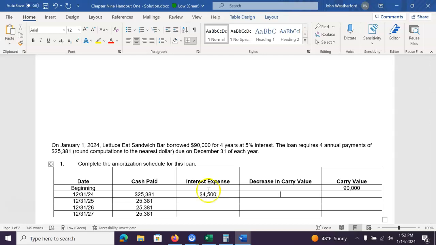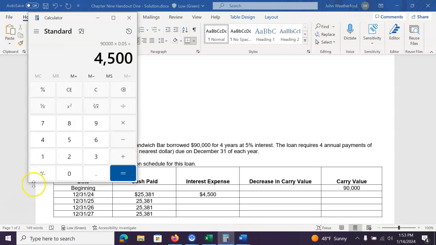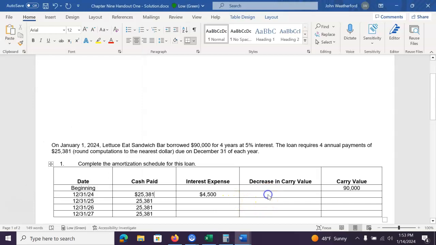And then the decrease in the carrying value, or what I would call the principal portion of this payment, will be the difference in the payment and the interest expense. So I'm going to change that to a negative amount and then subtract it from the $25,381. So the principal portion of this payment is $20,881.